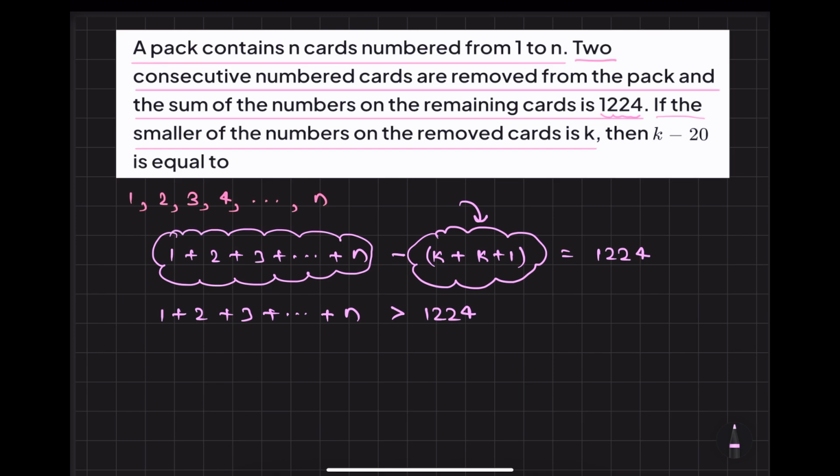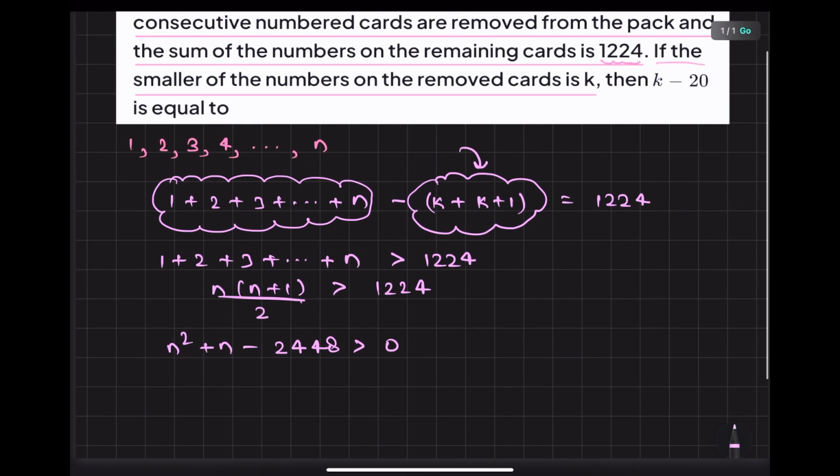Okay, now look at this. It is the sum of n natural numbers. So can I write n times n plus 1 by 2 is greater than 1224? Now can I simplify this by writing n square plus n minus 2448 greater than 0? Now here I will be finding the value of n.